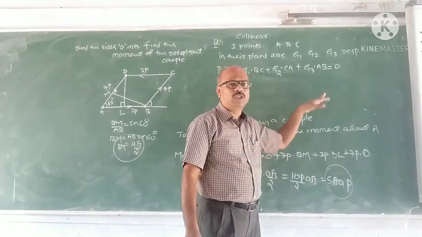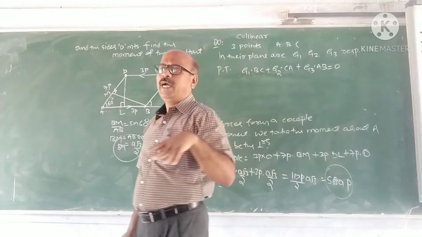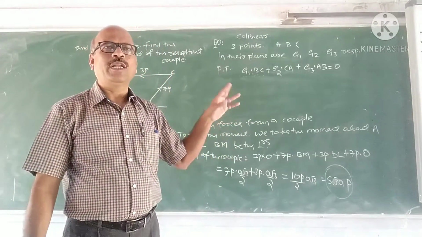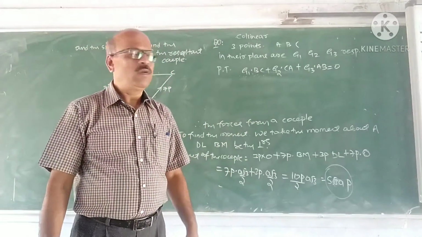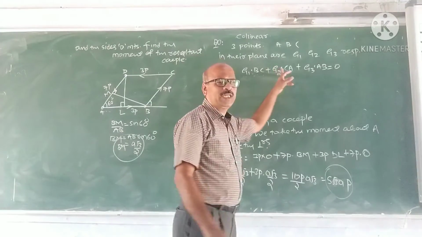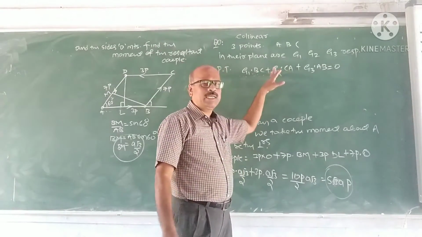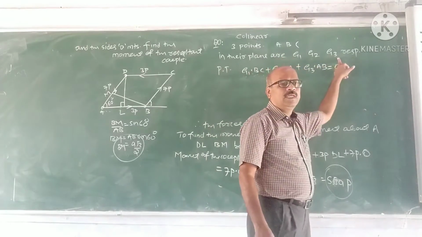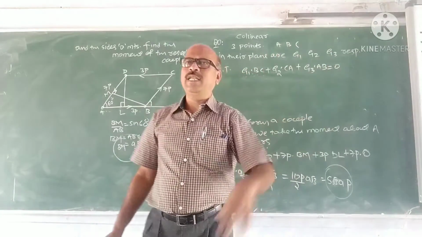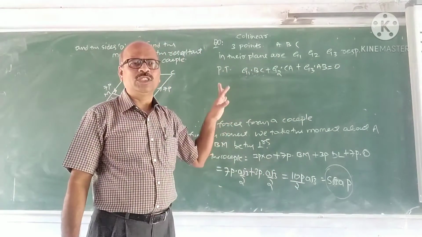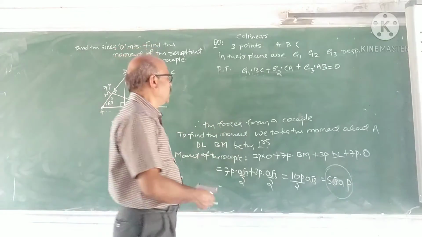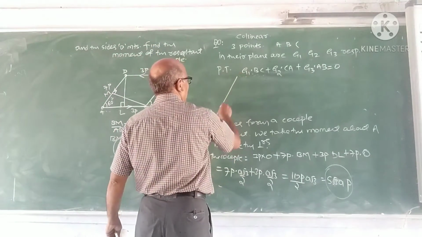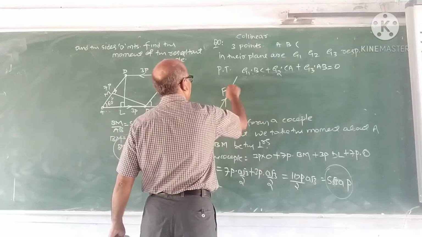The system of forces in the plane either reduces to a couple or a single force. Because the moments are different, G1, G2, G3, the forces reduce to a single force.